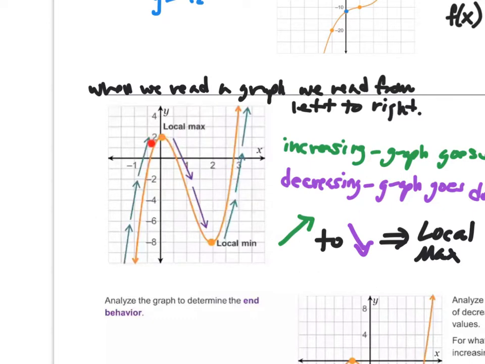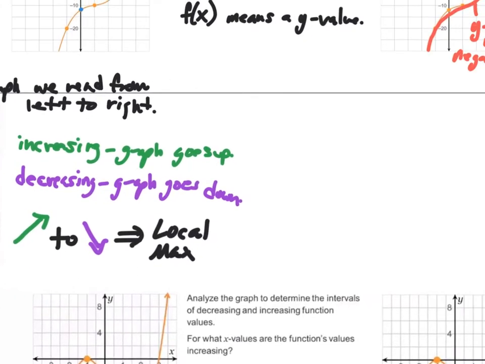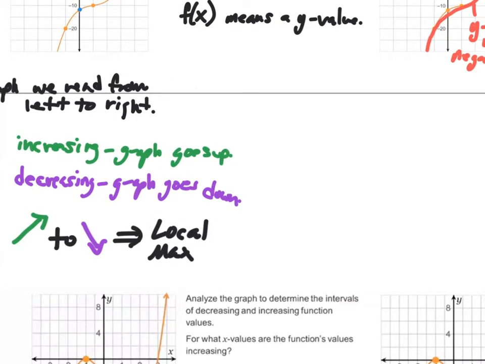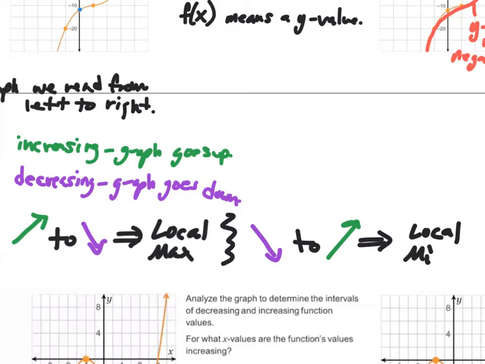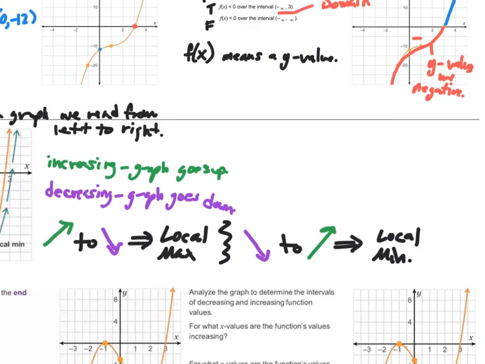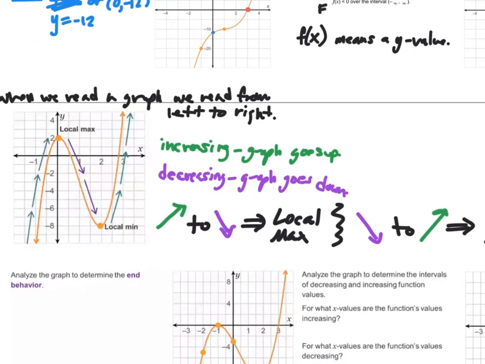So you just have this maximum y value here. Similarly, if you go from decreasing to increasing, then you get what's called a local minimum. All I'm asking you to do is identify these from a graph. And that's the idea.